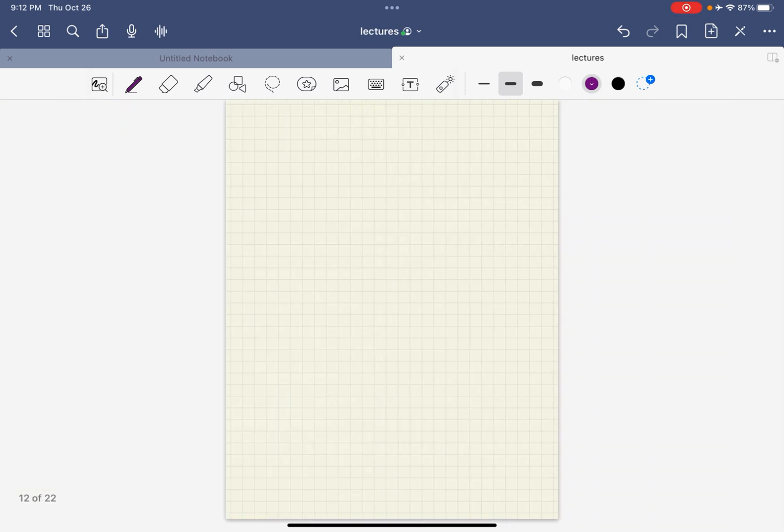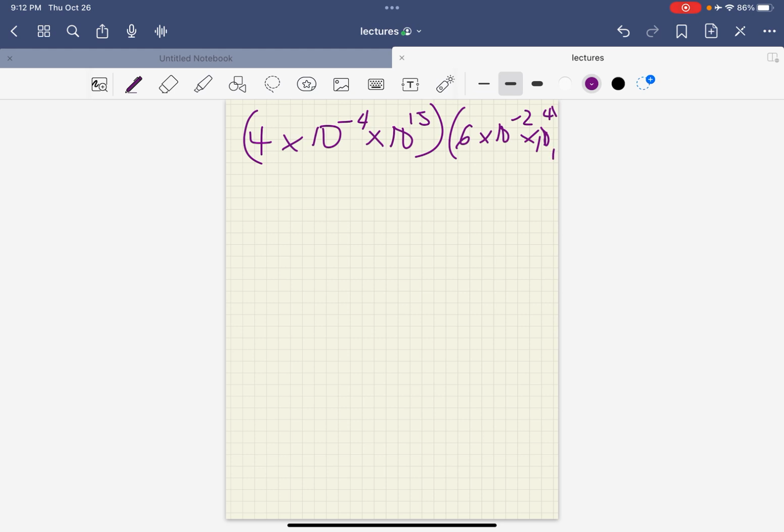Okay, next. Simplify. So that first one is going to be 4 times 10 to the -4 times 10 to the 15. And then this is 6 times 10 to the -2 times 10 to the 41. And in the denominator we have 3 times 10 to the 367.